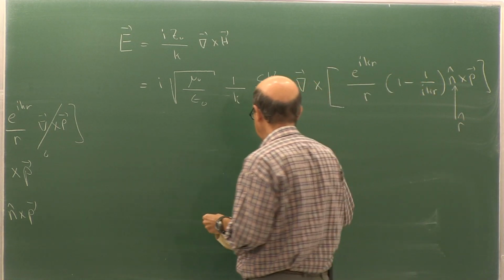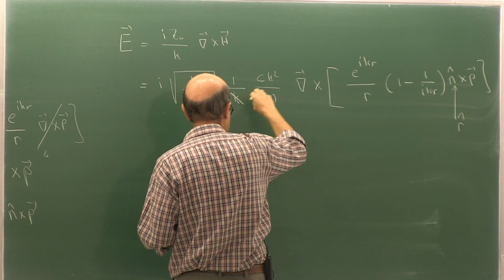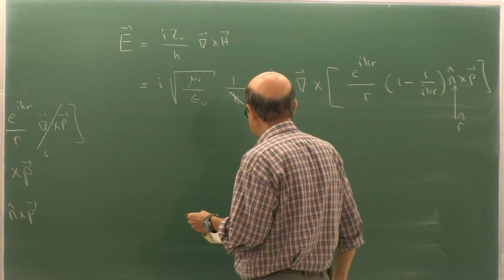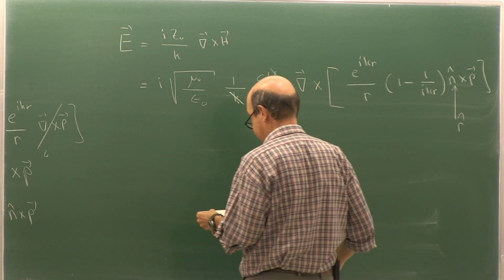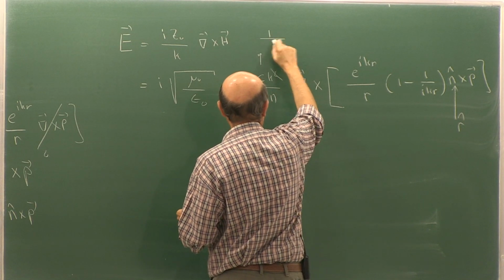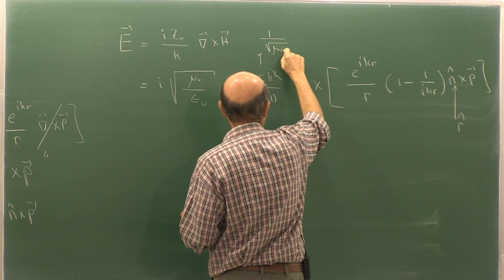So let us play quickly with the coefficients. The k's will be cancelled, and c is 1 over square root of mu 0 epsilon 0.